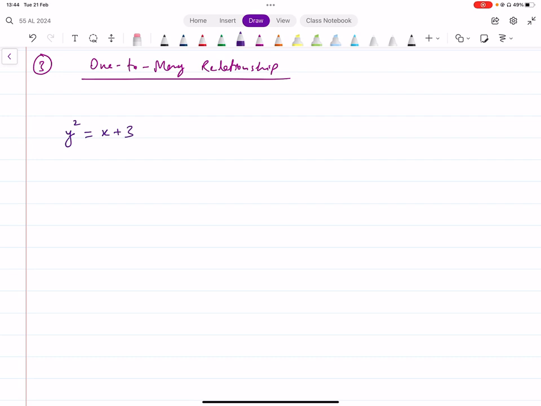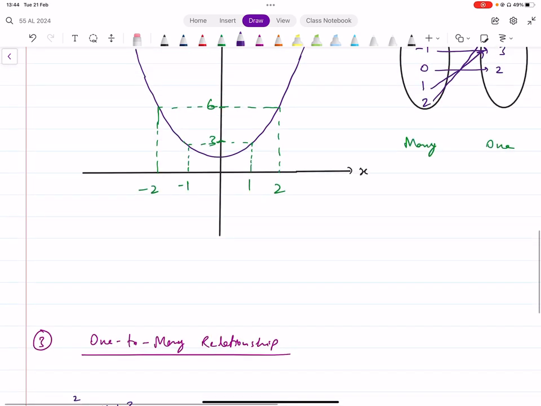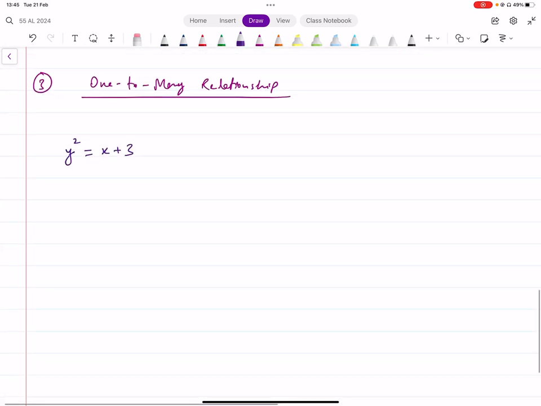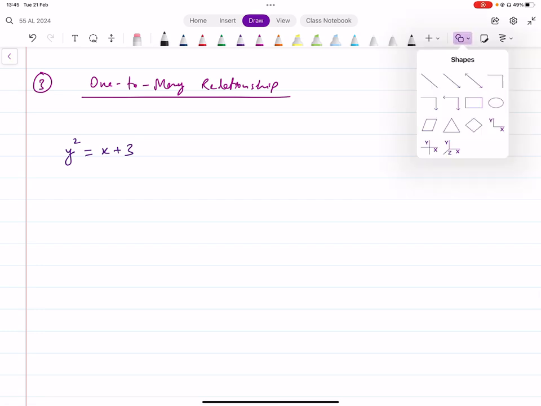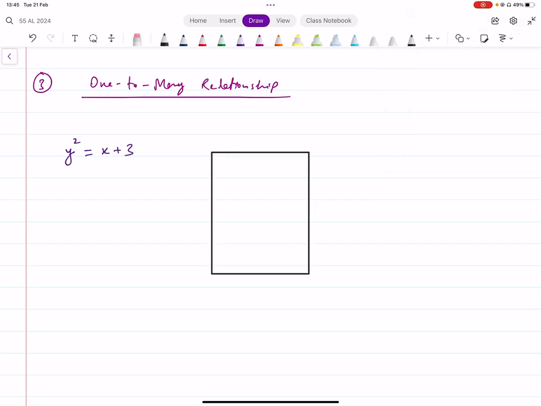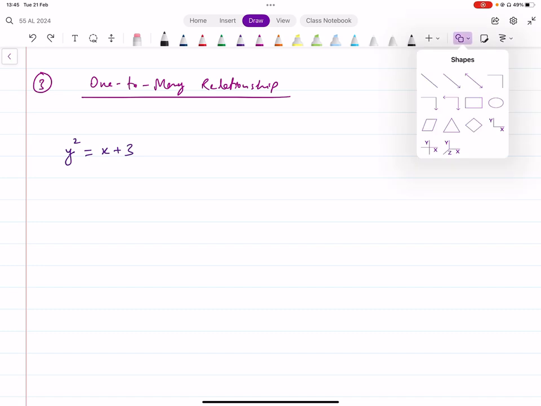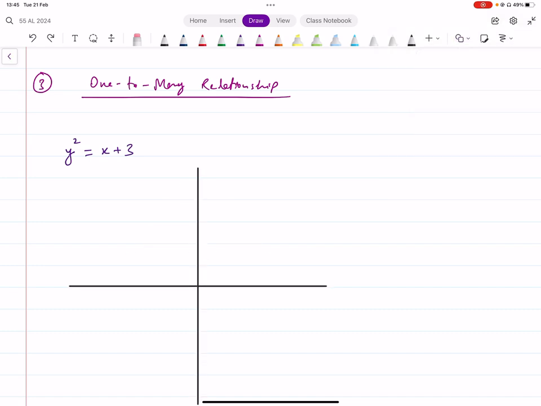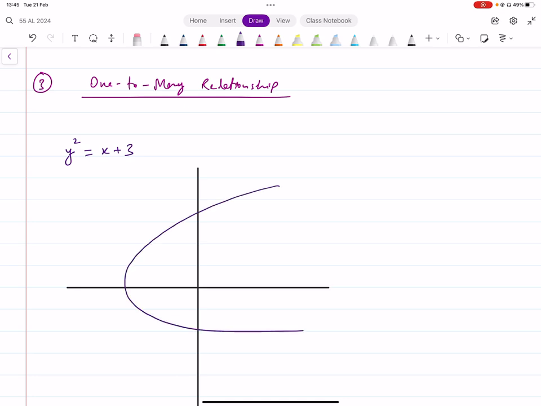In functions like these, where you have y squared and x, the graph forms this kind of shape. It's going to look like this, a C-shaped graph. Okay, it'll look something like this.